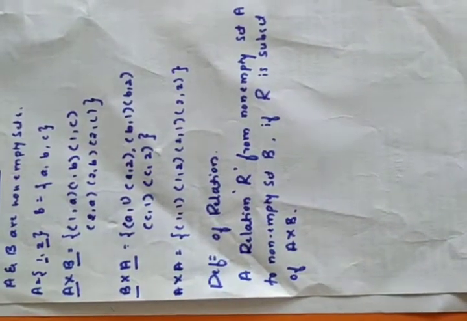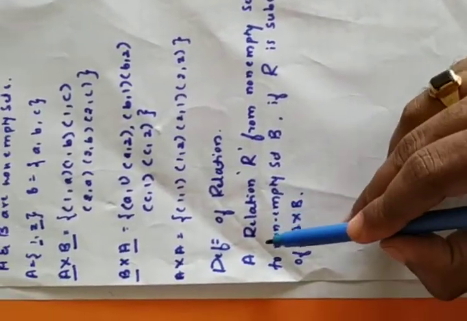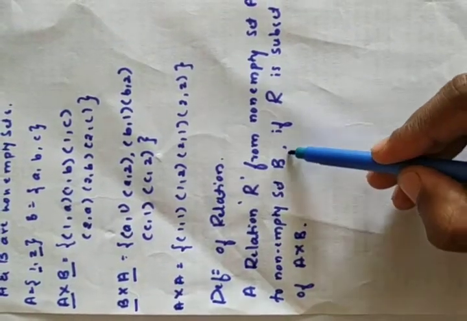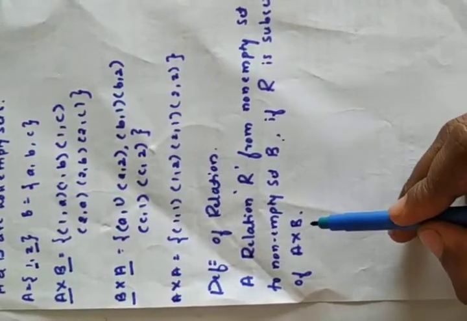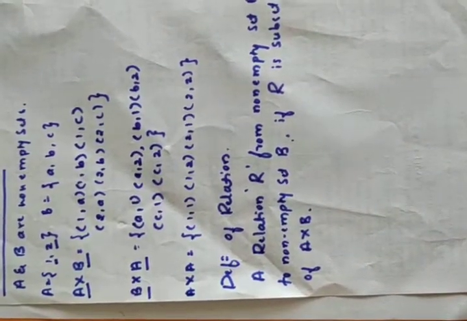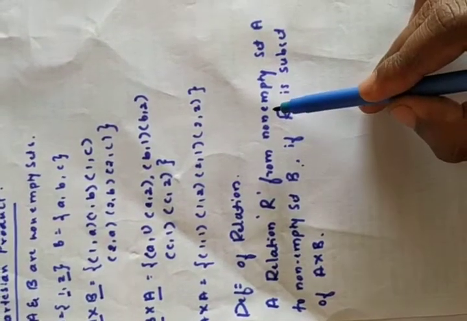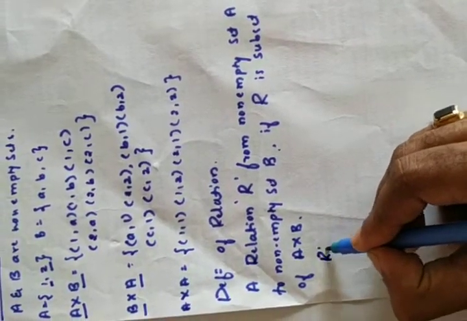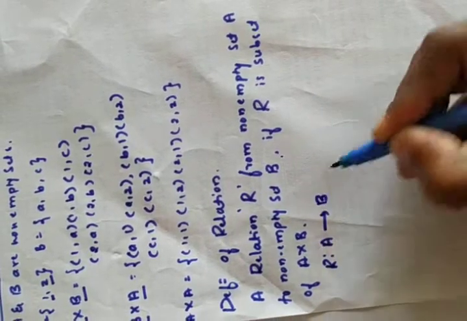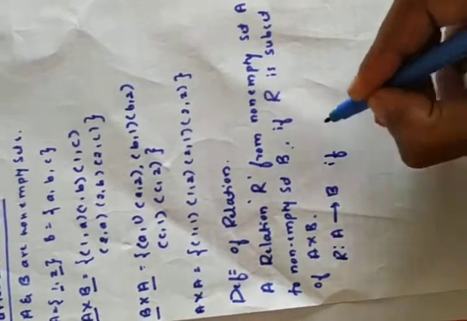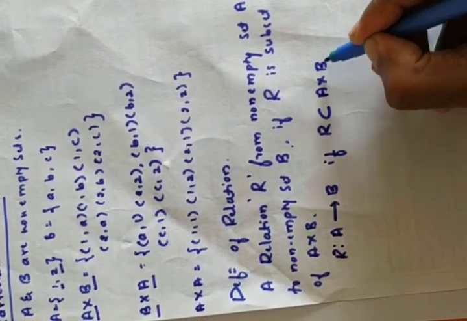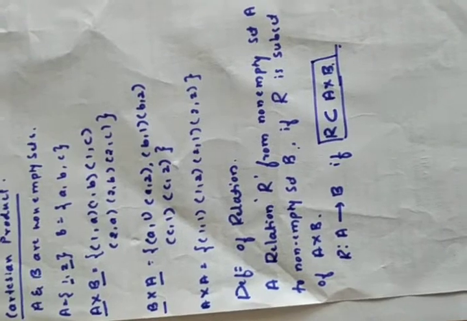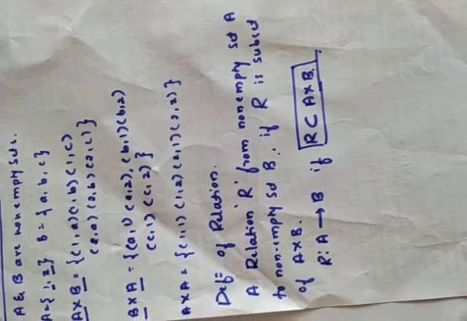First, the definition of a relation: a relation R from a non-empty set A to a non-empty set B is a subset of A into B. So we can write that R from set A into set B is said to be a relation if R is a subset of A into B. We should always remember this condition for the definition of a relation: R is always a subset of A into B.